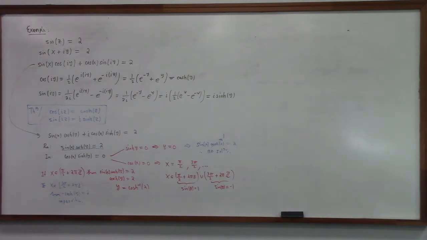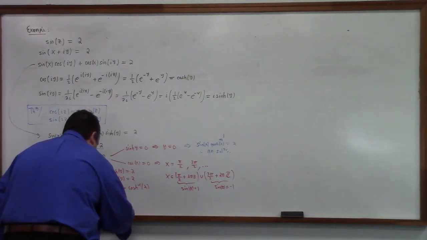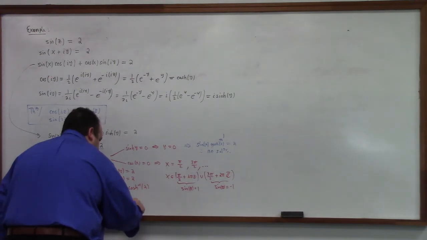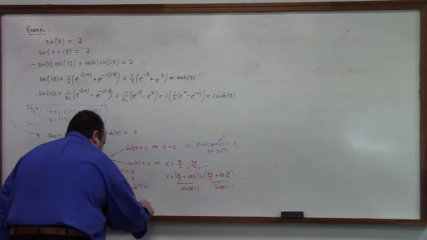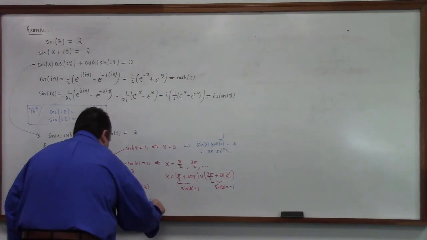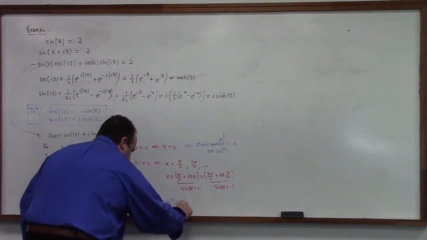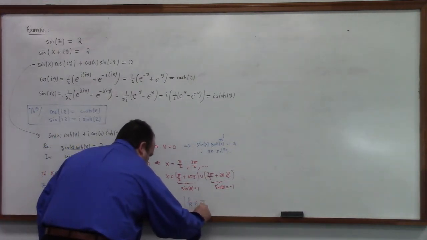So the answer, it turns out, only includes the pi over 2 plus 2 pi Z type x. And so the answer is z is an element of pi over 2 plus 2 pi k plus i times the inverse hyperbolic cosine of 2, such that k is an integer.